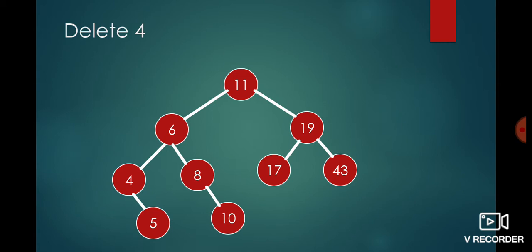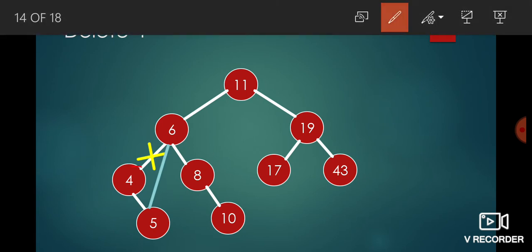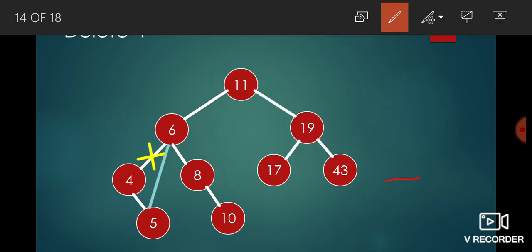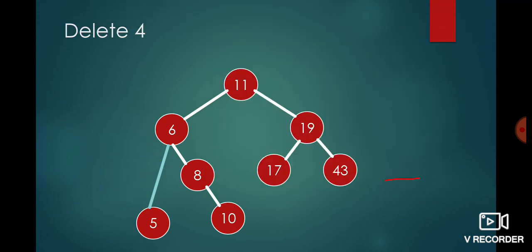Now case 2 is when it has one child. Okay, so how do we delete it? Let's see. We have to delete this relation and we have to generate a new relation between its parent and its child. Okay, so this is a new relation and we can simply remove it.